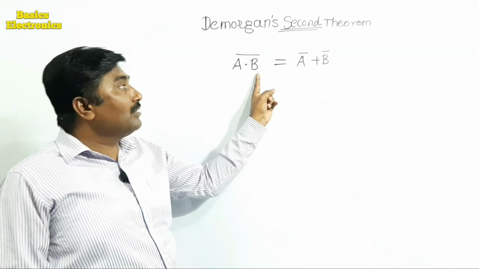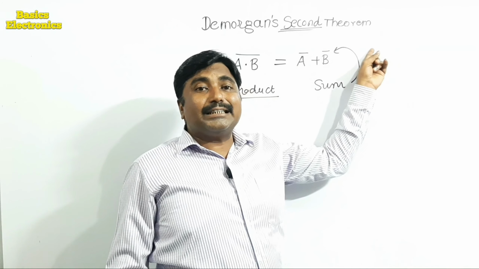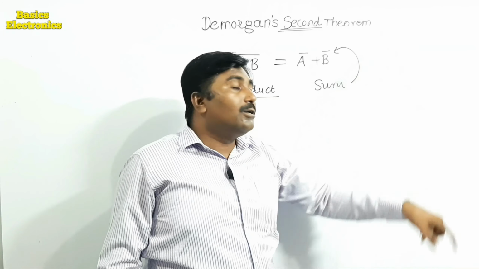The complement of a logical product is equal to the sum of the complements. So this is the statement of De Morgan's second theorem.